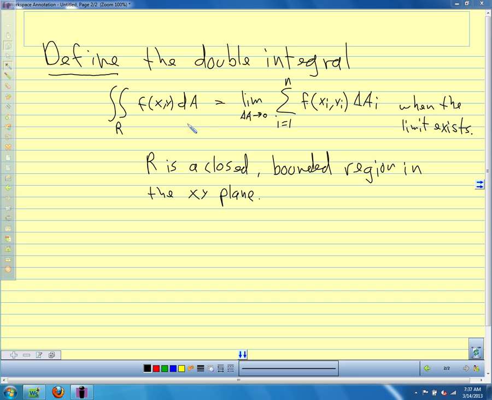And in this section, we're going to use the double integral to find the volume between the xy plane and this surface bounded by our region. So we're going to say that the volume below f of x, y, bounded by this region, equals the double integral over R of f dA.